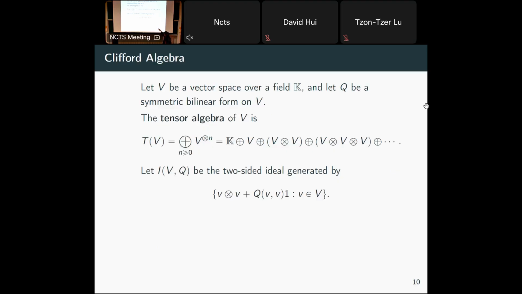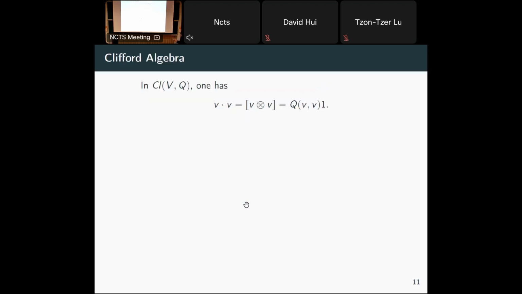If you don't have this inner product, then taking the quotient gives you the exterior algebra, whereas here you have that inner product, so when you take the quotient, it gives you something called a Clifford algebra. Basically, the Clifford product looks like this. And using polarization, you can define it; that's the defining relation, which is very famous.